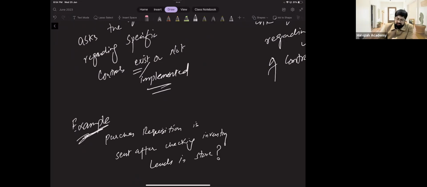Specific. Yes. So its purpose is that a specific task is being performed.